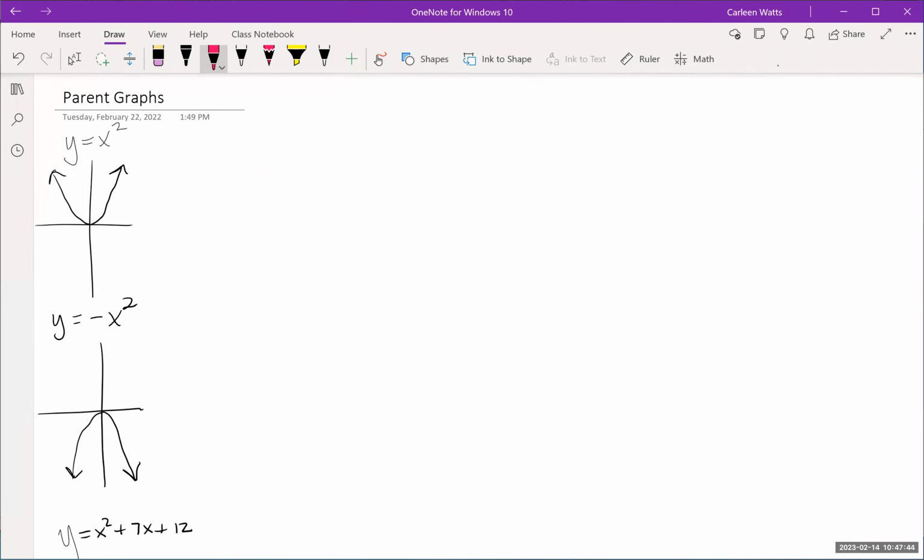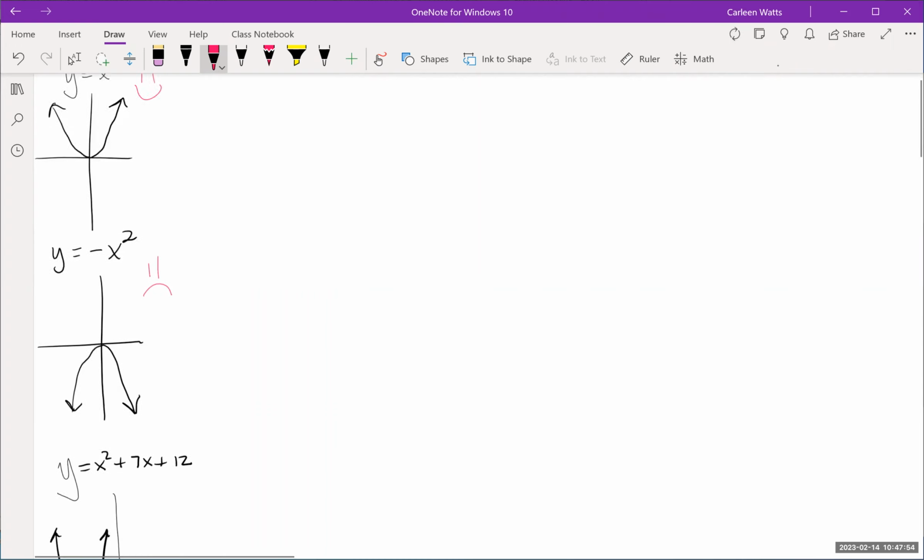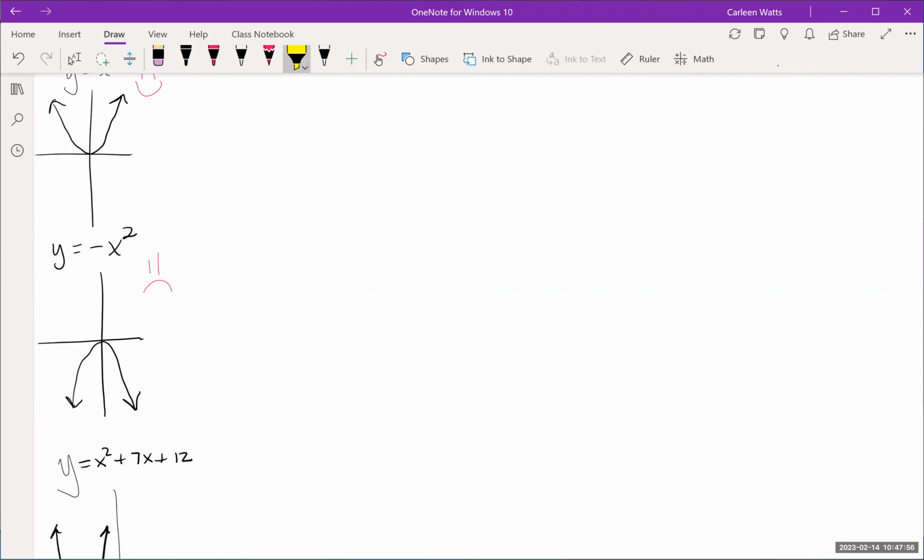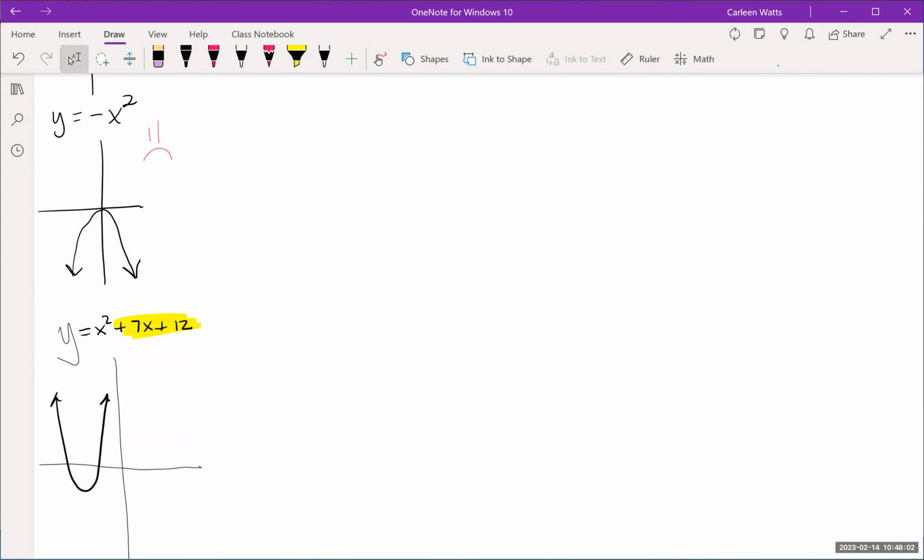Happy Valentine's Day. This is a happy U, and this is a sad U. With the negative in front, it's sad. Now, what if there are other numbers, not just x squared? Then it's not sitting on the vertex.